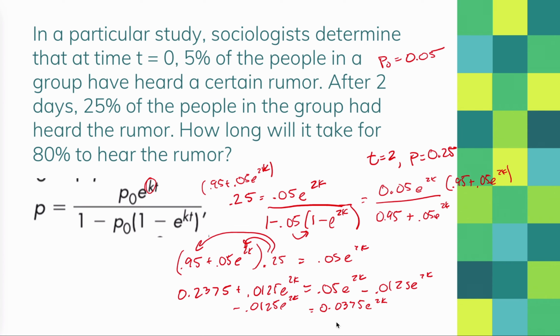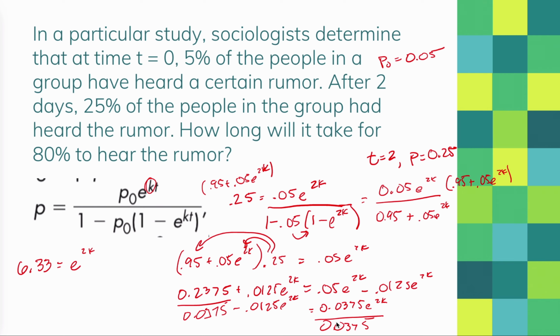And we can then divide by 0.0375 on both sides. And so that is 0.2375 divided by 0.0375. And that ends up giving me 6.33 equals e to the 2k.